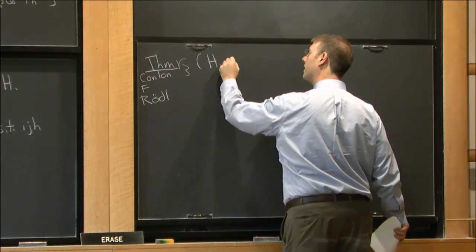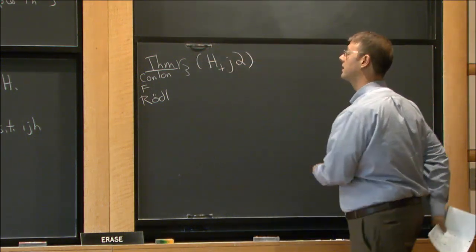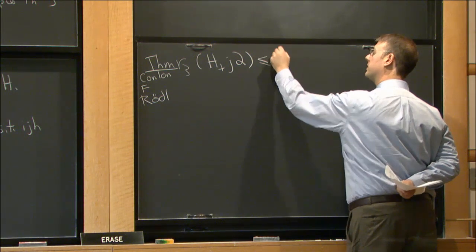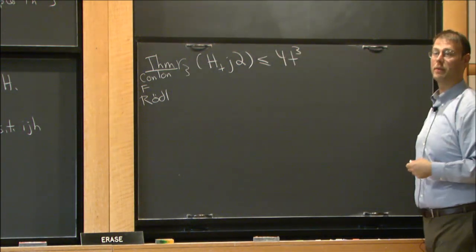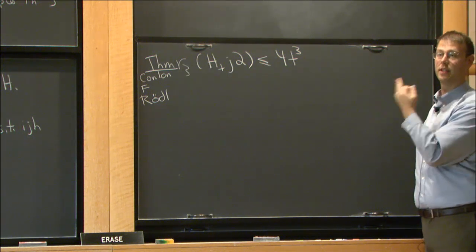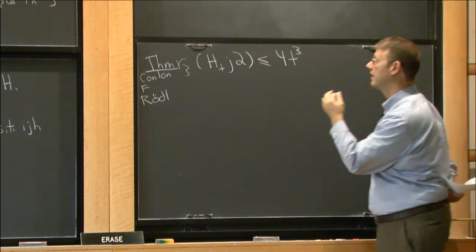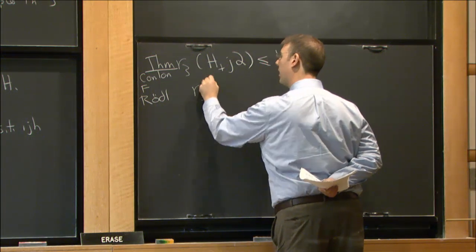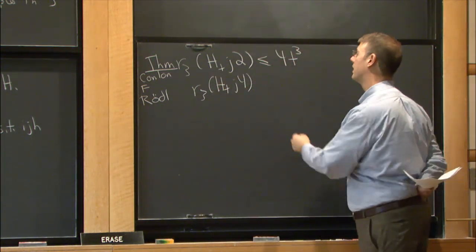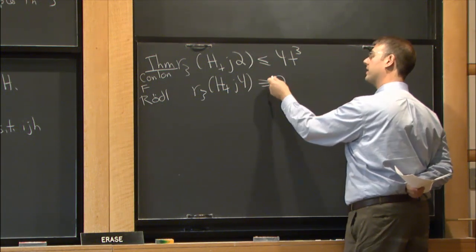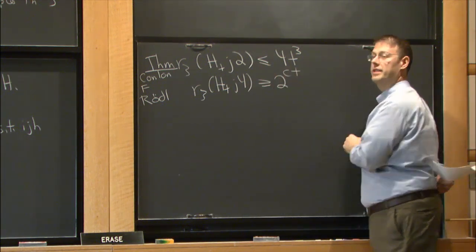R3 of h_t with 2 colors is less than or equal to 4t cubed. So it's only polynomial, which is maybe not surprising because it's such a sparse hypergraph. On the other hand, R3 of h_t with 4 colors is at least exponential in t.